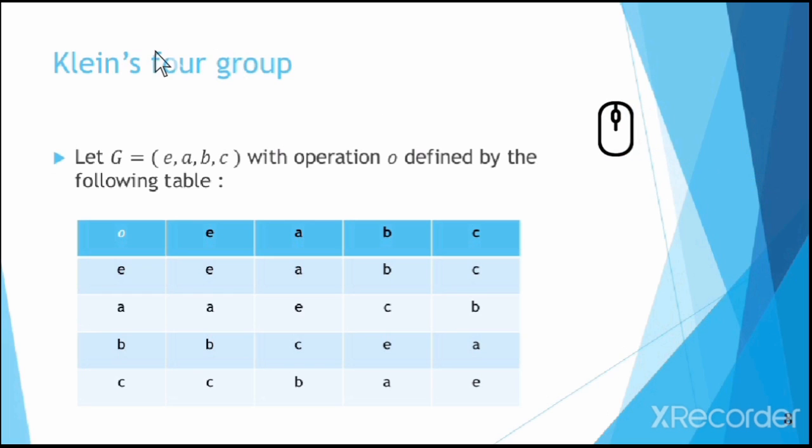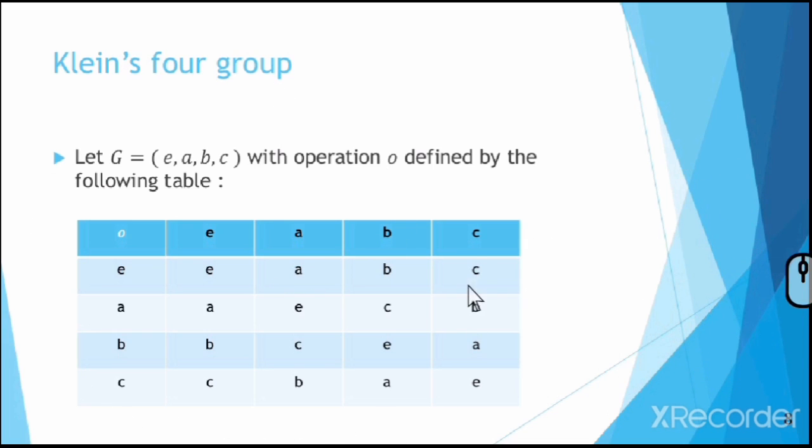Now we have another group, which is the Klein 4 group. This group is very important in group theory. Further on, you will know that this group is known as K4 and it is isomorphic to Z2 cross Z2. Here G is {E, A, B, C} with the operation o defined by the following table.